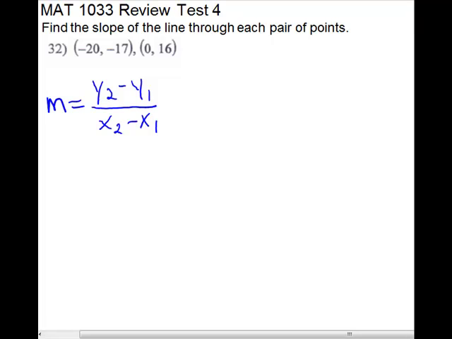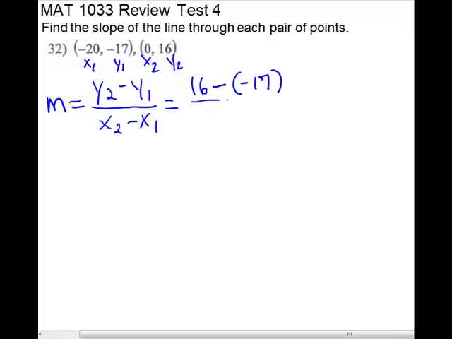32 is also a problem to find slope given 2 points. So we will use the formula. We will label our points. This will be x1, y1, x2, y2, and we'll plug in. So y2 is 16 minus, you have to be careful here, negative 17. Don't lose a sign.